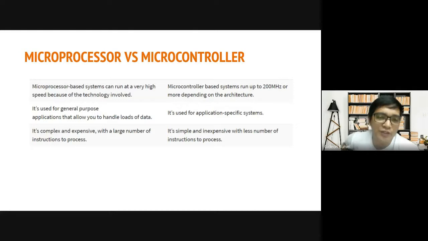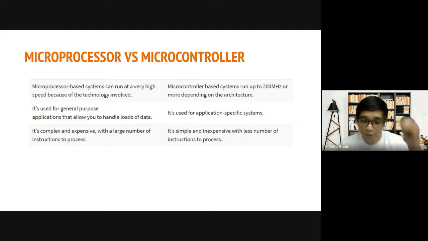Microprocessors are used for general purpose applications that allow you to handle loads of data. That's why we can perform a lot of tasks using our computers, because they have sturdy and rigid microprocessors, while a microcontroller is used for application specific systems. So we just have to remember that a microprocessor can perform a lot of tasks, while microcontrollers are application specific systems.